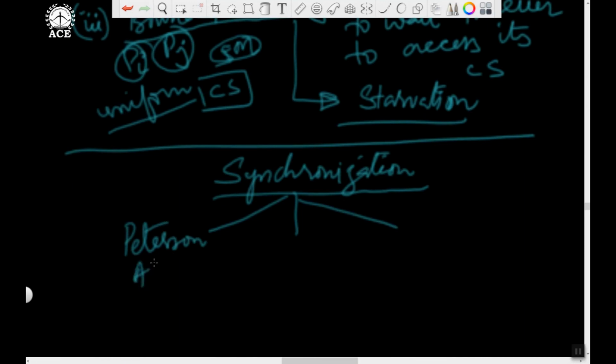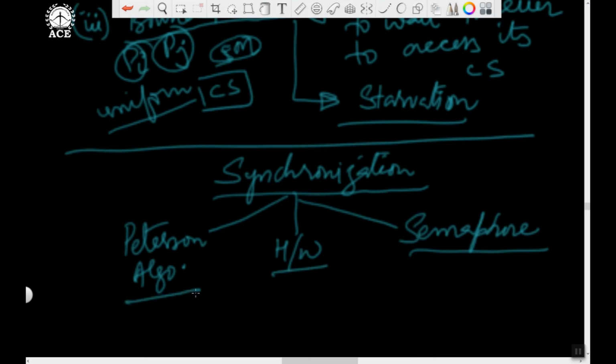Second is hardware synchronization, and third is semaphores. If you follow these three, I'm sure you can attempt any question based on this. These are the three general broad approaches of solving the critical section problem.